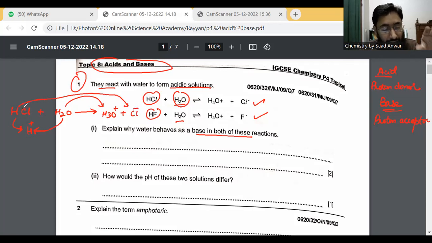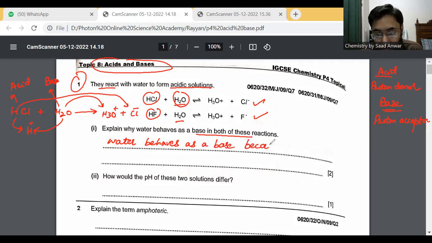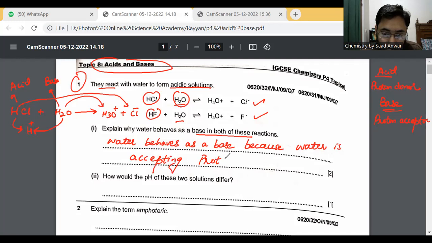So you can see that HCl is donating proton, so HCl is an acid, and water is accepting that proton, so water is a base. So I will write why water behaves as a base. Water behaves as a base because water is accepting proton. So this is the answer.